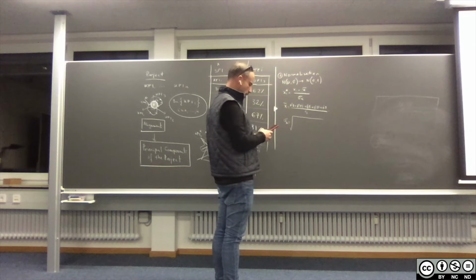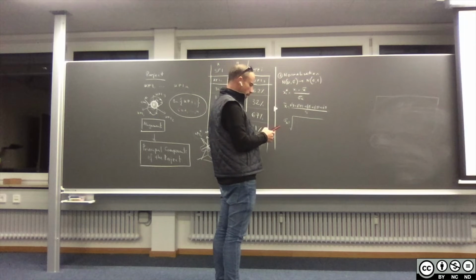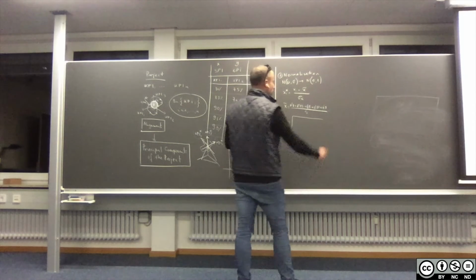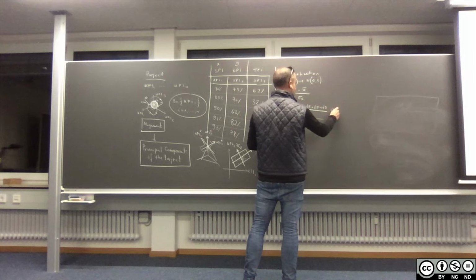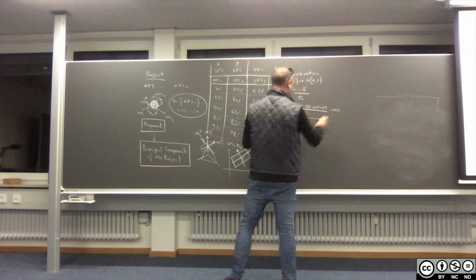So 0.8 plus 0.85 plus 0.9 plus 0.91 plus 0.9 divided by 5, 0.872.